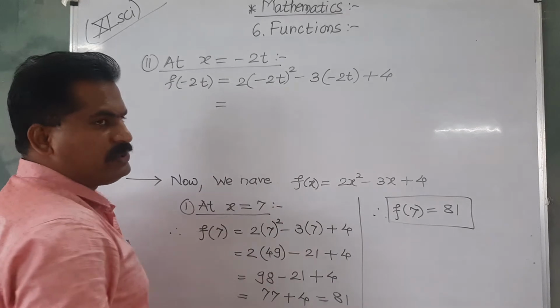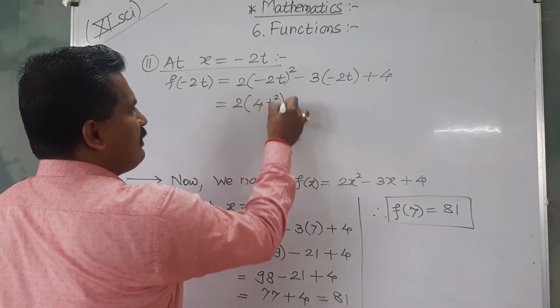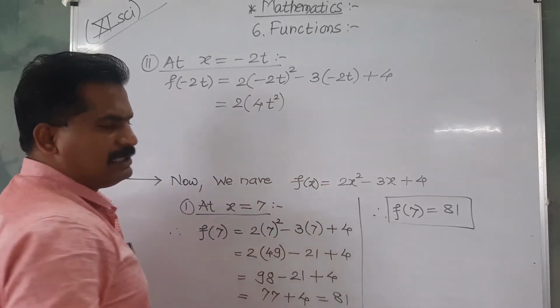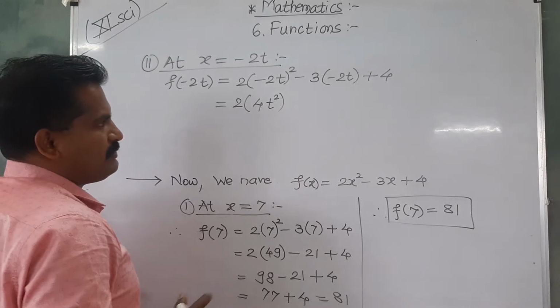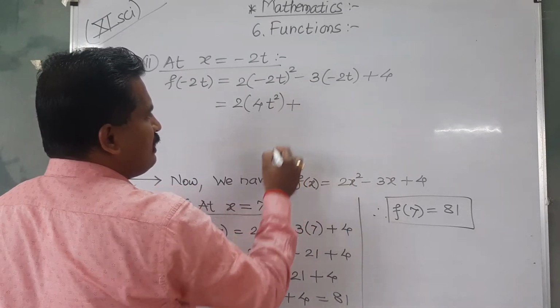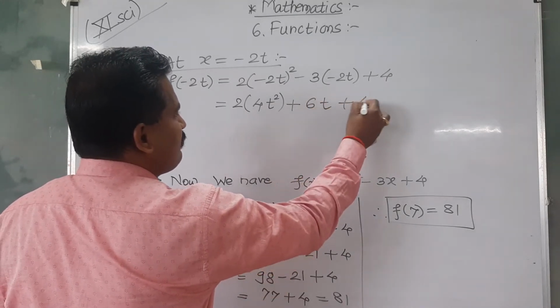The square of minus 2t is 4 into t square, since the minus sign having a square is positive. Here the minus sign gets cancelled. 3 into 2, 6t, plus 4.